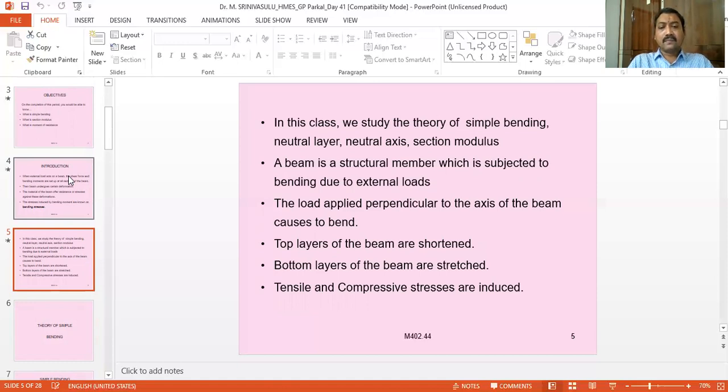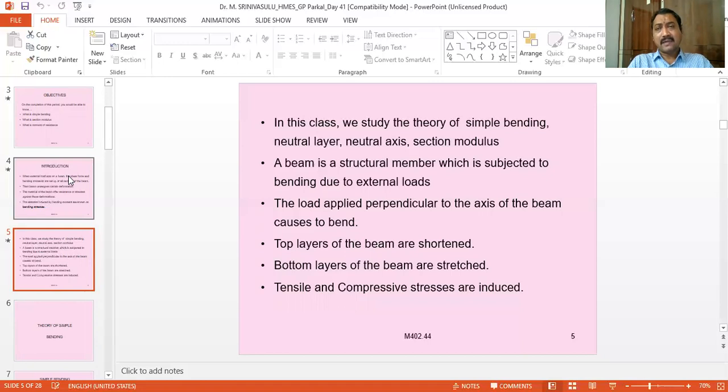So here, what is this neutral layer or the neutral axis? If we take the cross section of any beam, for example, the rectangular cross section, we assume that the cross section of the beam is made up of so many layers of very small thickness.